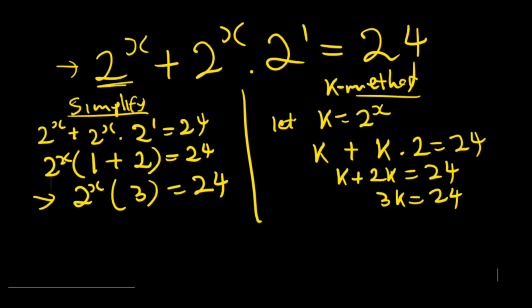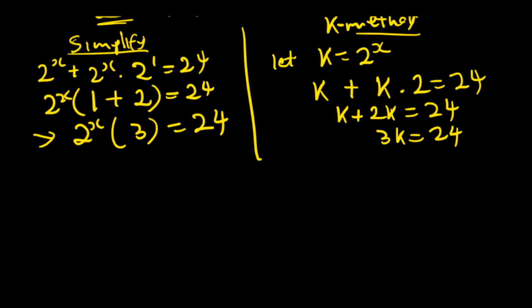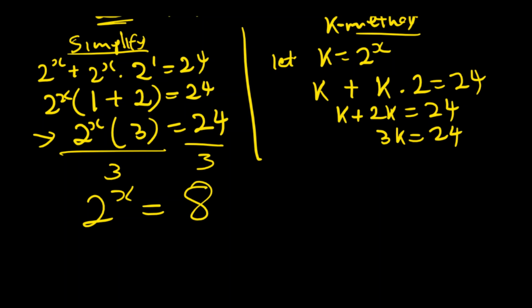Let's solve these two problems with these two methods. Here I'm just going to divide by 3 on both sides. When you divide 24 by 3, what comes out? Punch your calculator, don't do it in your head. It's 2 to the power of x equals 8. When you multiply 8 by 3, you get 24, so when you divide, you get 8. And here, I'm going to divide by 3, k is equal to 8.